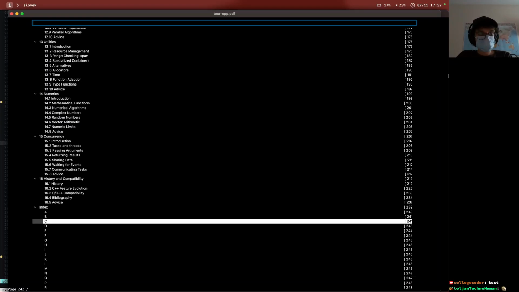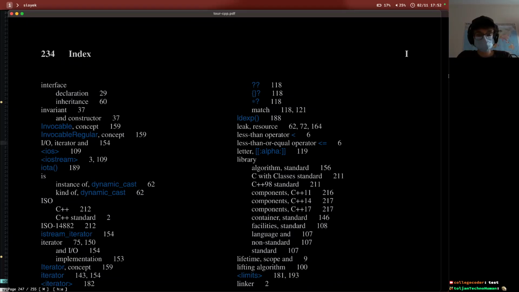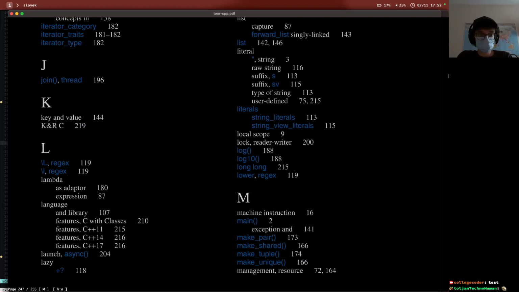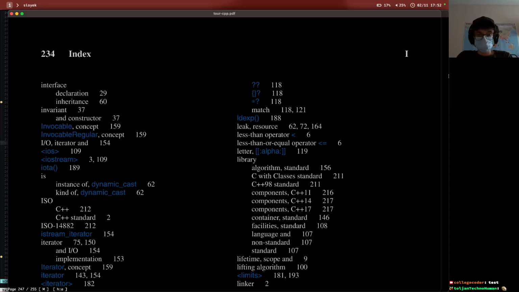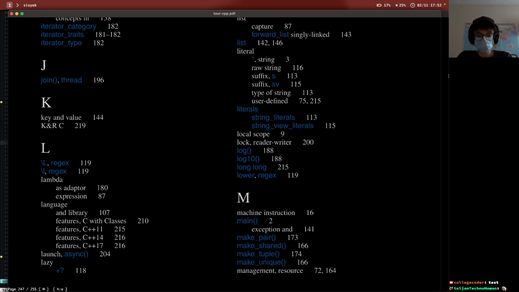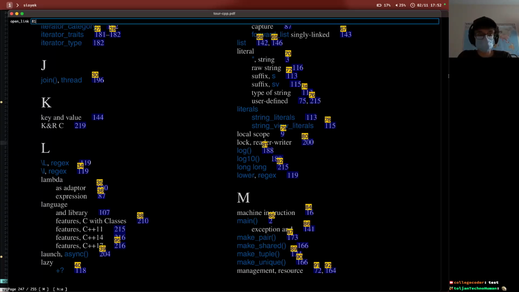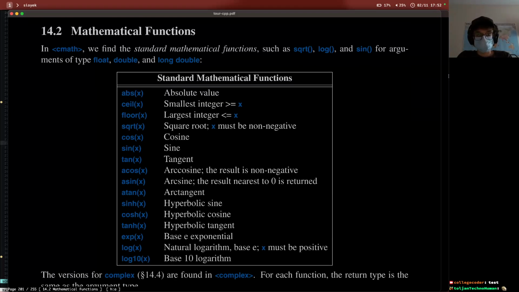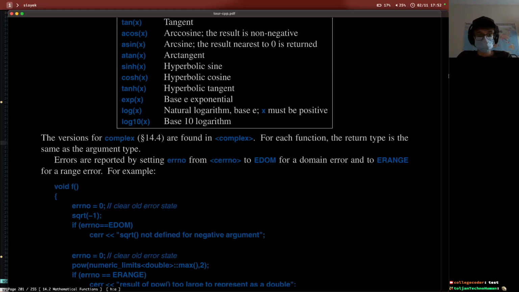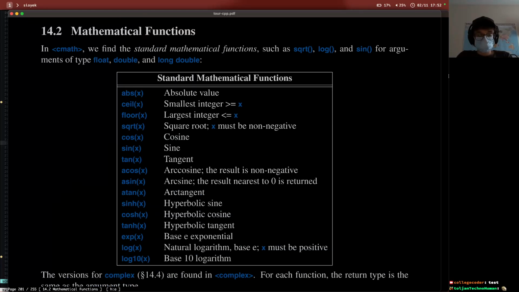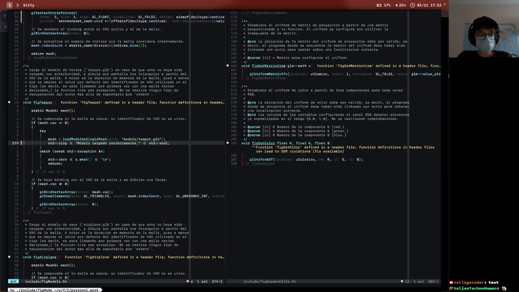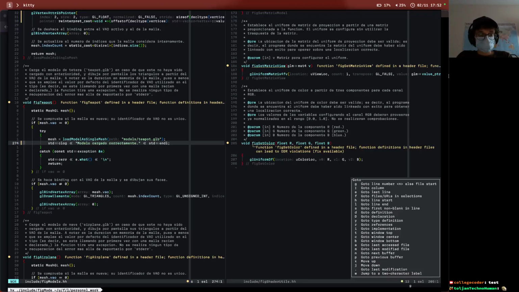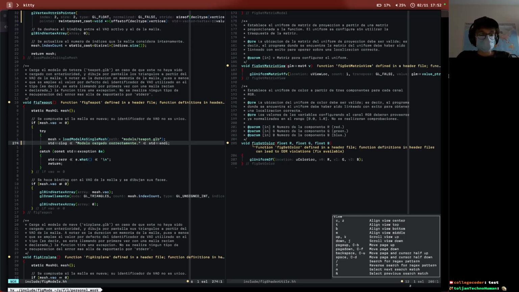Maybe log, no, let's go to the L. Log, but it's not log as in logging, it's log as in mathematical log, right? Yeah, it's log as in mathematical log. So basically it does that. Because it's not an error, I can just use clog.